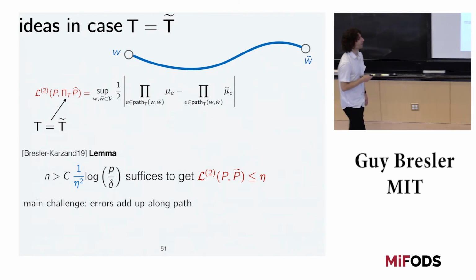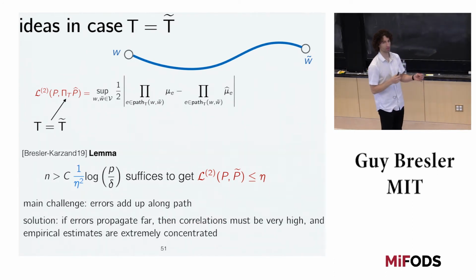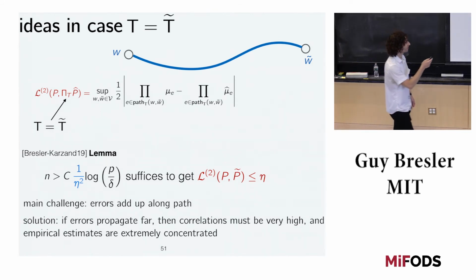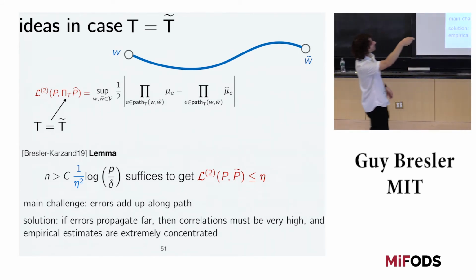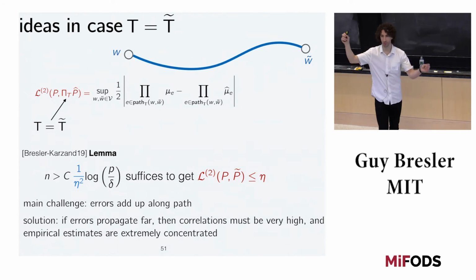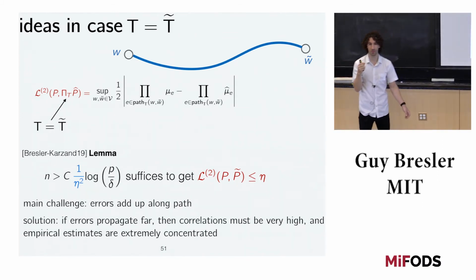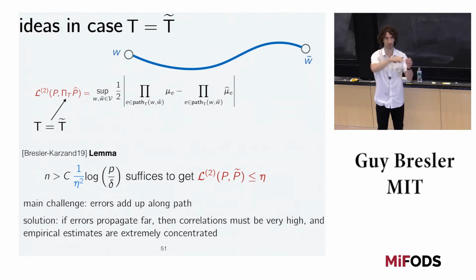Now, it turns out that there's a delicate trade-off that happens that exactly saves the day. The intuition is that if these two variables are far apart and actually have a non-trivial correlation, then each of the correlations along that path have to be very, very strong, because otherwise they would have decayed.